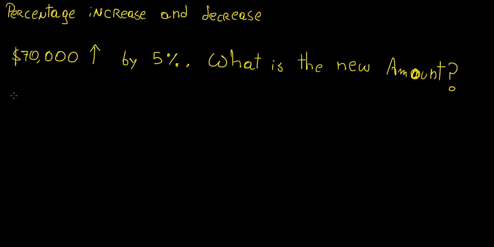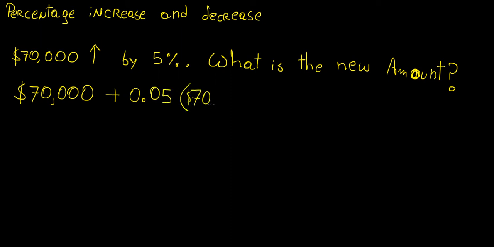So basically we're going to start off with our original amount, and we're going to add to that 5% of this amount. In this case, 5% is equal to 0.05. So let me just do it here, 0.05 of 70,000.